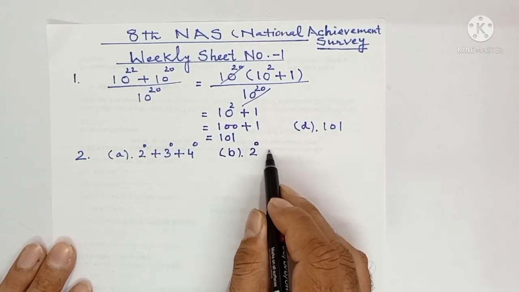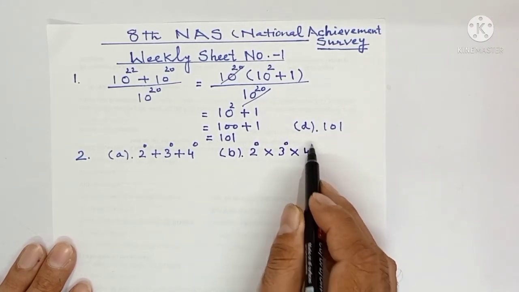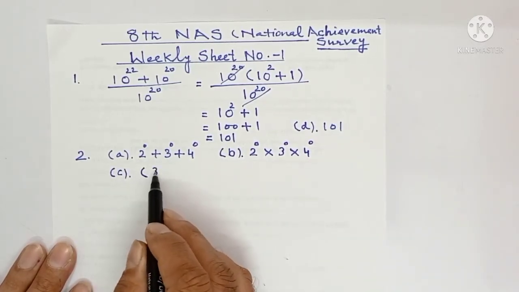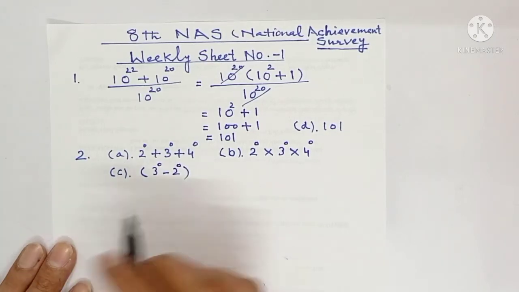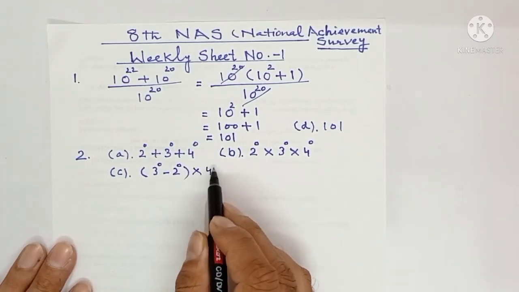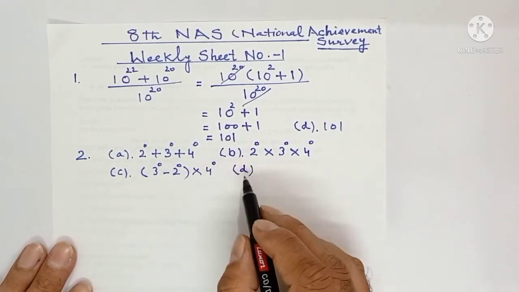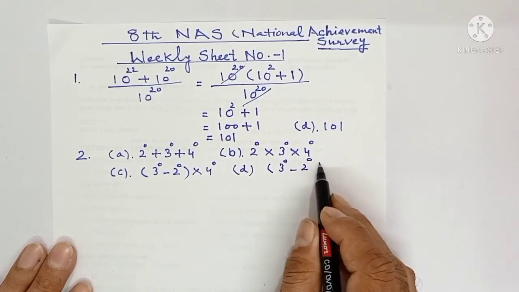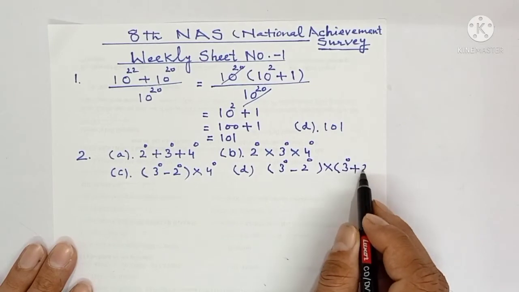Then 2^0 into 3^0 into 4^0. Then the C option which is given, that is (3^0 minus 2^0) into 4^0. And D option, (3^0 minus 2^0) into (3^0 plus 2^0).